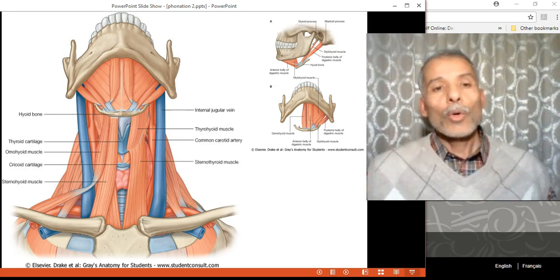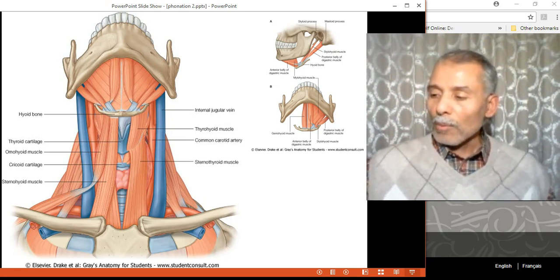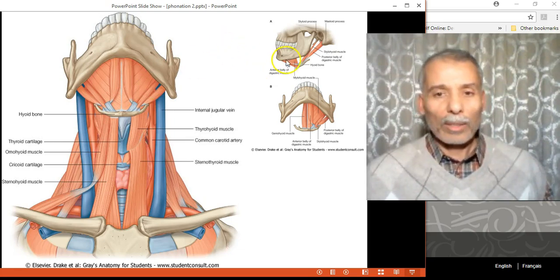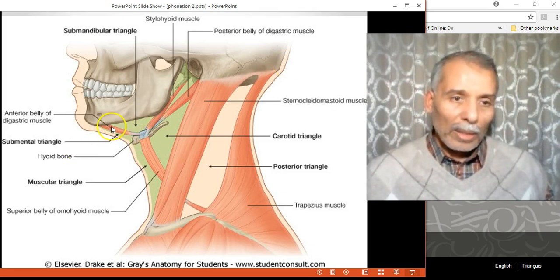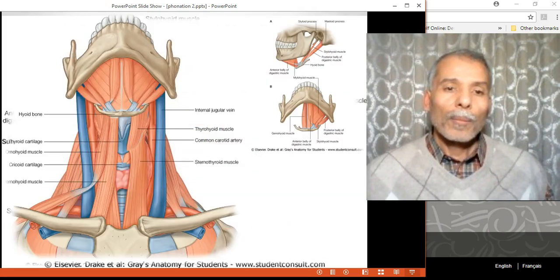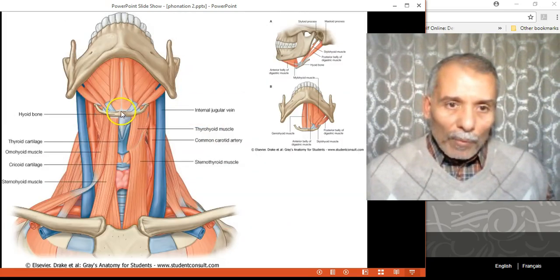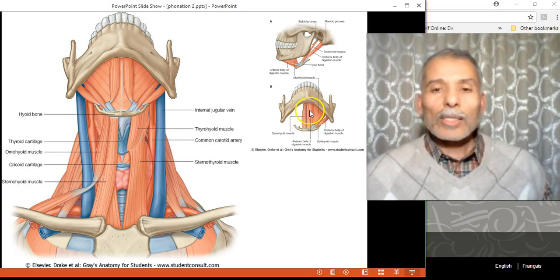The word genio is the origin for the word chin, and it comes from Latin, meaning basically the chin bone. So you could see it in this image here.